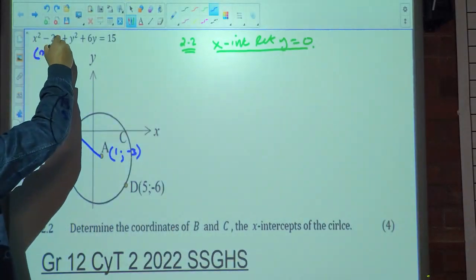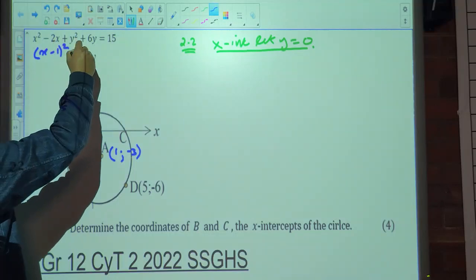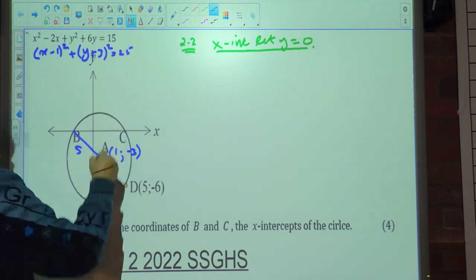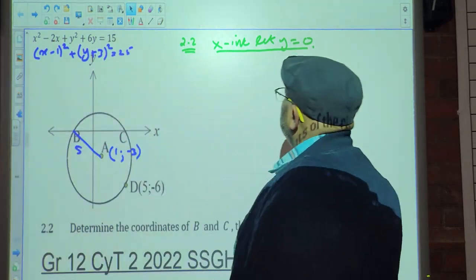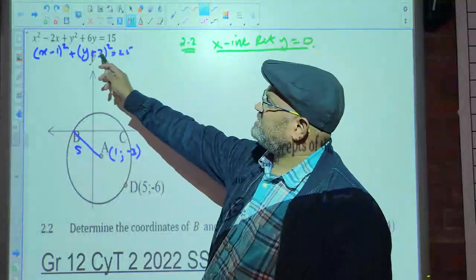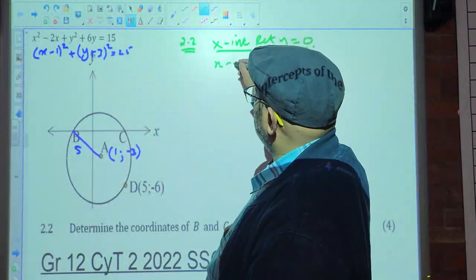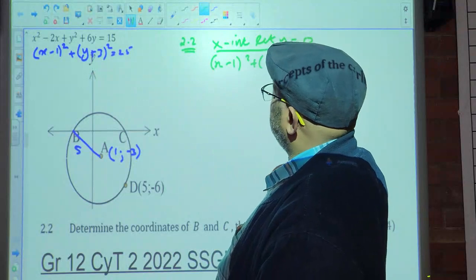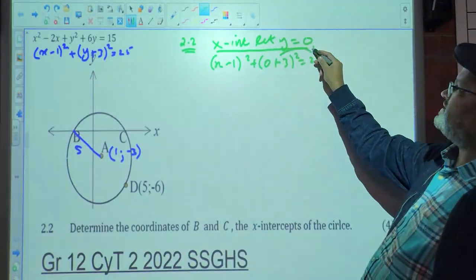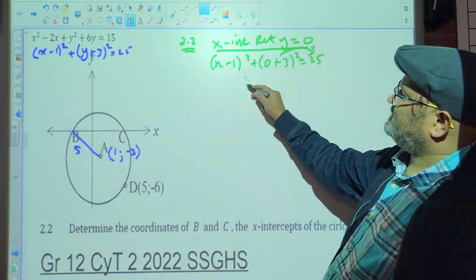It was x minus 1 squared plus y plus 3 squared is equal to 25. With x-intercept, y equal to 0, so I'm going to go with that one there. So x minus 1 squared plus 0 plus 3 squared is equal to 25. 3 squared is 9, 25 minus 9 is 16.